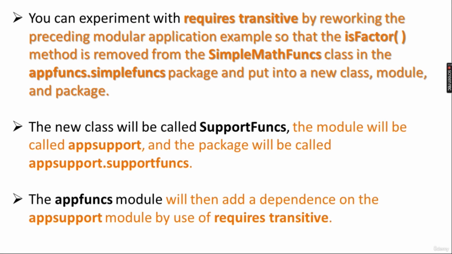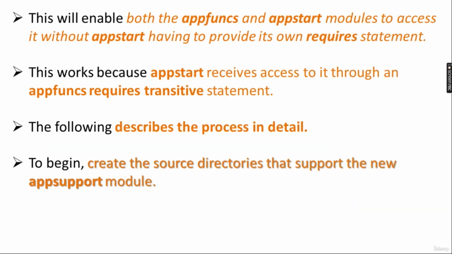So the app functions module will add the requires transitive keyword, which adds a dependence upon the app support module. This will enable both the app functions and abstract modules to access it without abstract having to provide its own requires statement.